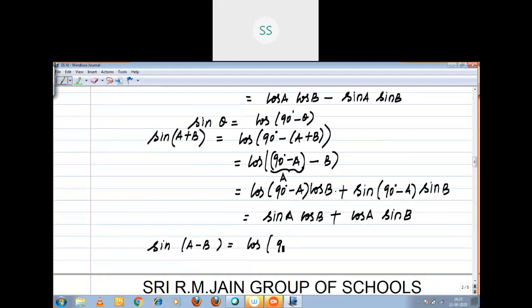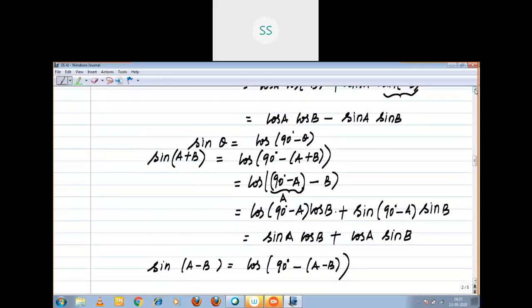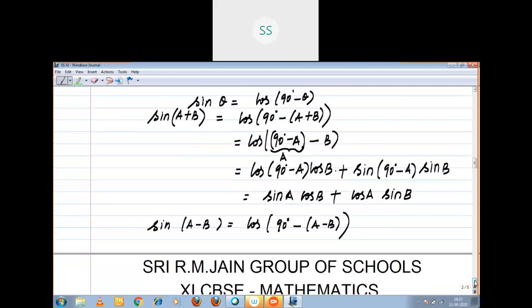Right? Now, sin(A minus B) equals cos of 90 minus (A minus B).